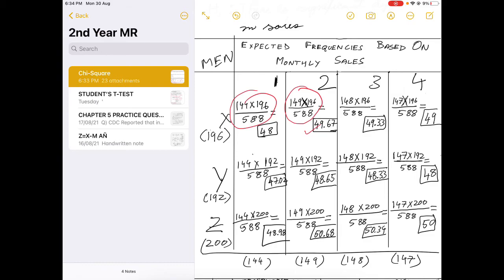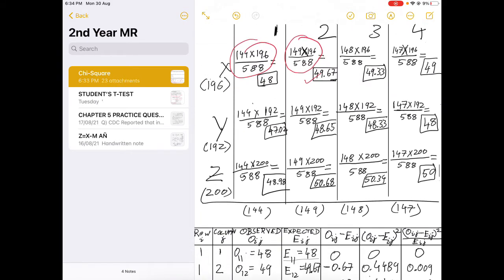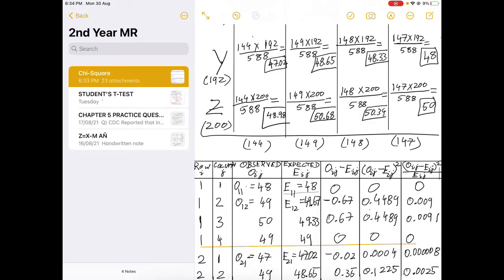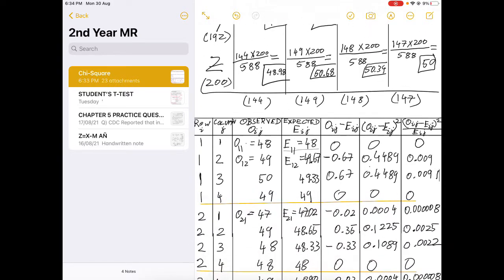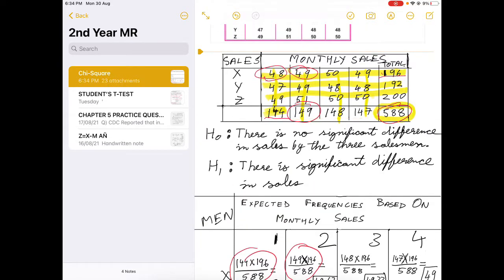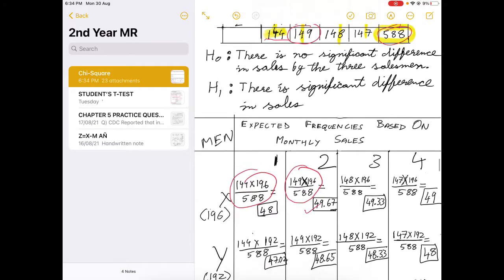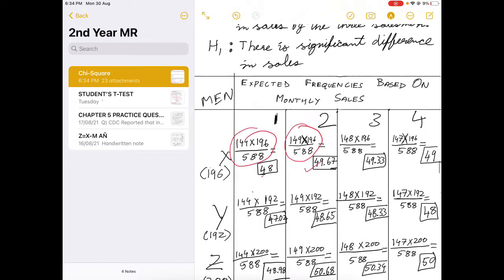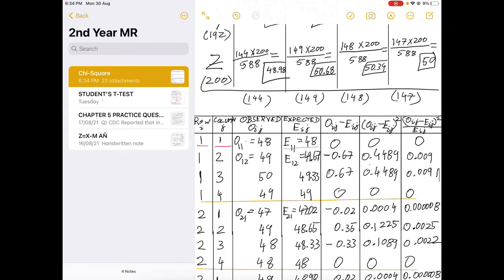Now we will tabulate all of the observed values and the expected values in one table. How do we do this? We take the row and column. So suppose the first row and the first column, in both tables, 48 is the observed sales and 48 is also the expected sales. So we will fill up both the values in this table with 48.